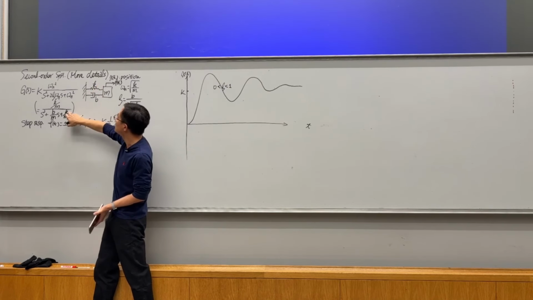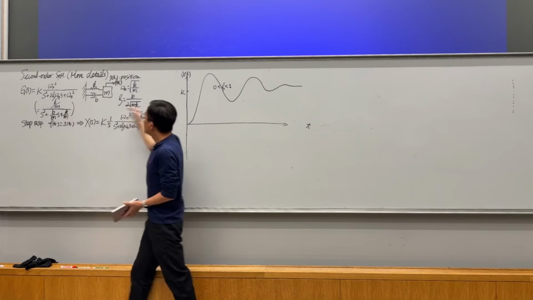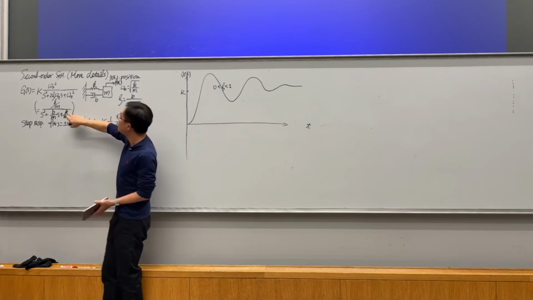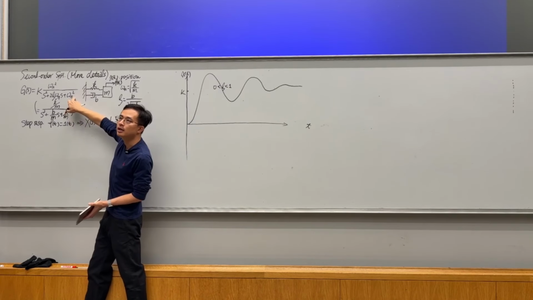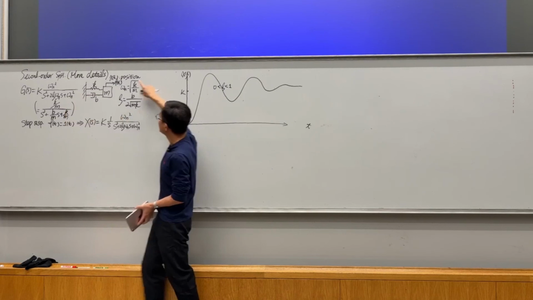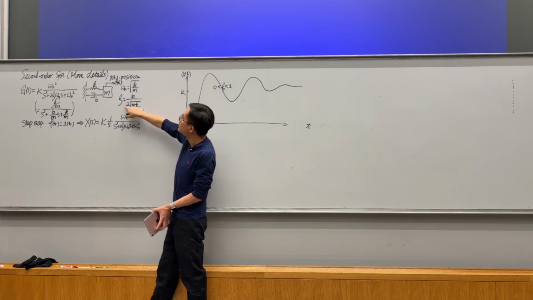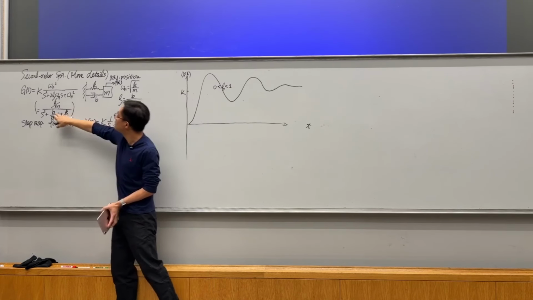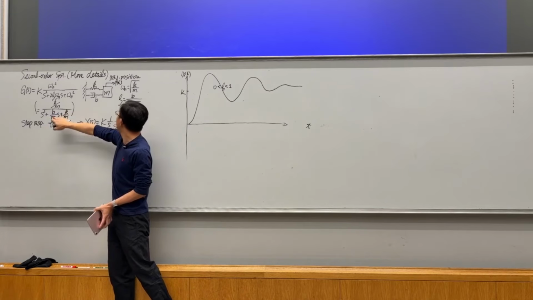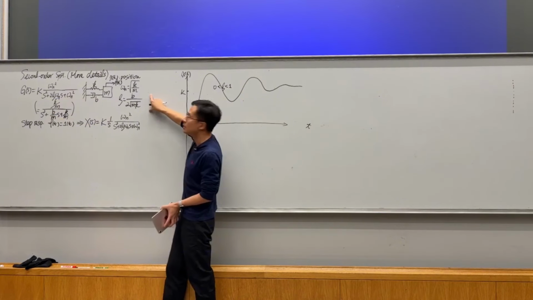You should be able to comfortably derive this transfer function, and relate it by comparing with the standard formula that we introduced last time. You should be able to derive that the natural frequency omega n is the square root of k over m, and the damping ratio is related to the coefficients m, k, and b together. So I've given you these formulas.